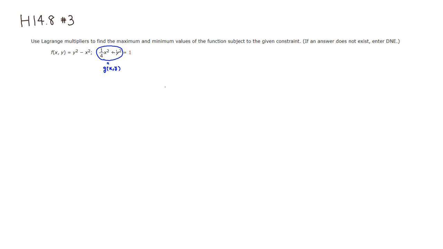All right, so let's take the gradient of f and set that equal to lambda times the gradient of g. The partial derivative of f with respect to x will be -2x, and lambda times the gradient of g would be, partial of this with respect to x, 1/2 x, so 1/2 x times lambda.